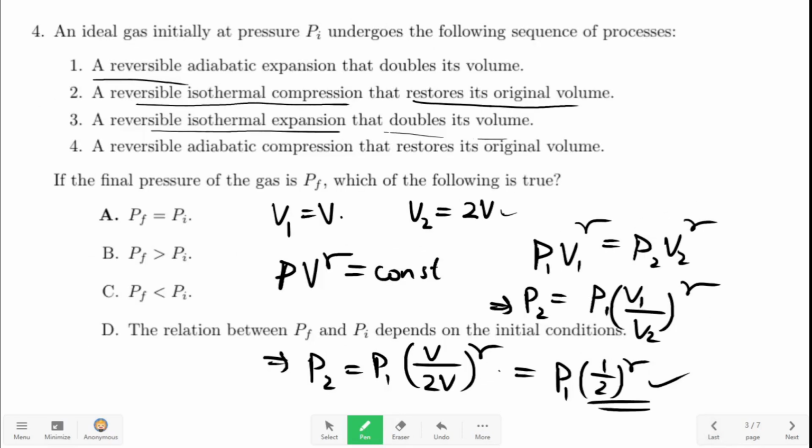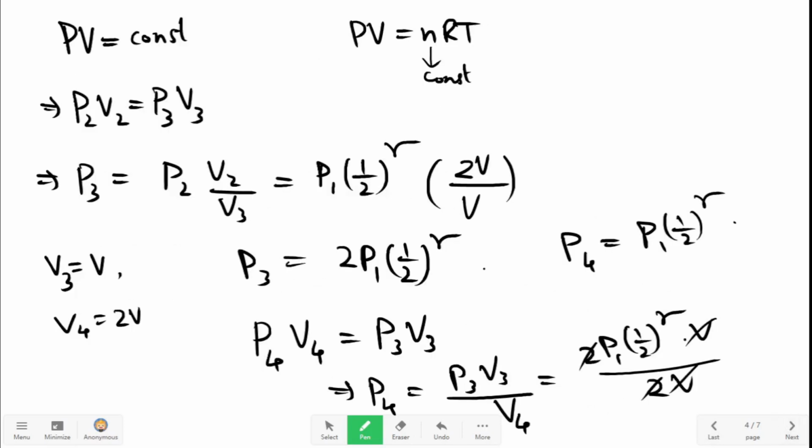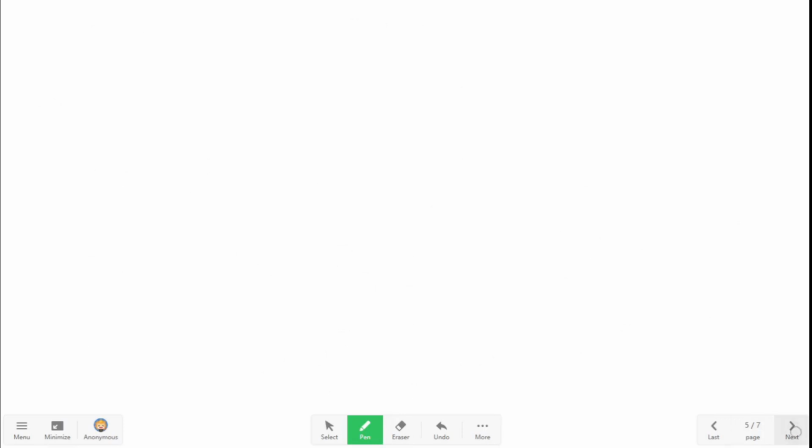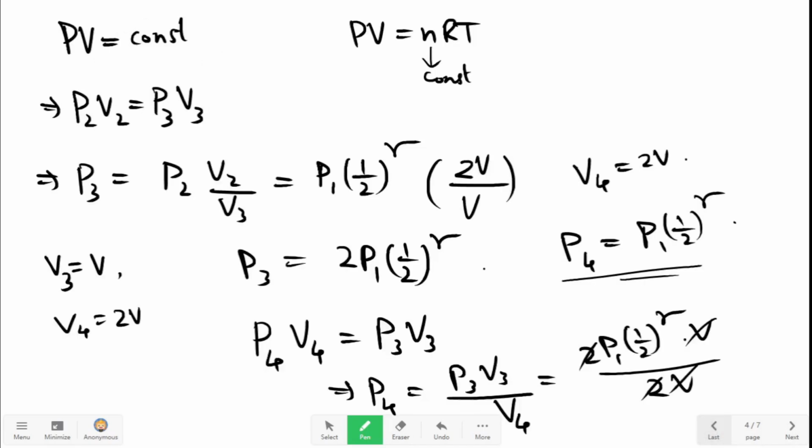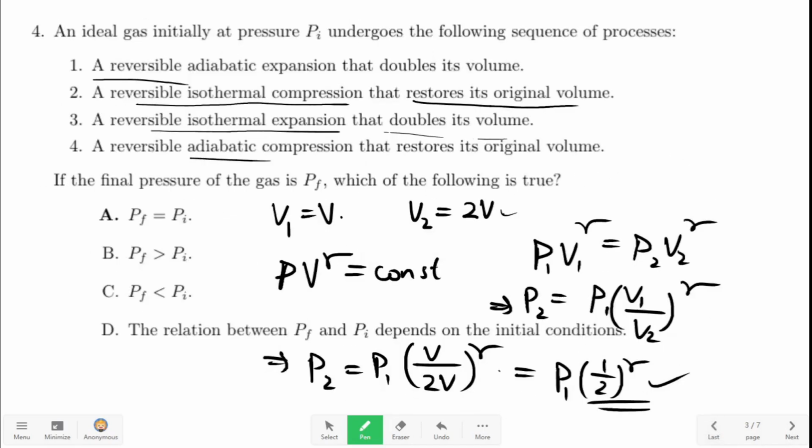Now after the third process, we have pressure P4 is equal to P1 into (1 by 2) raised to gamma, and V4 is equal to 2V. Now in the final process, we have a reversible adiabatic compression that restores its original volume.